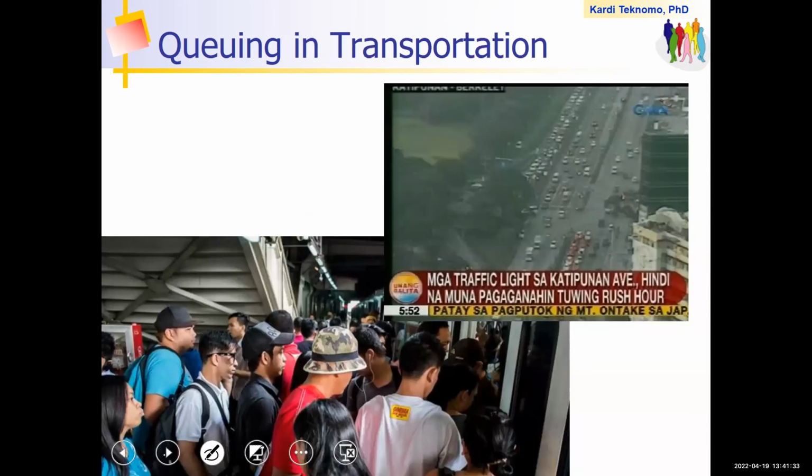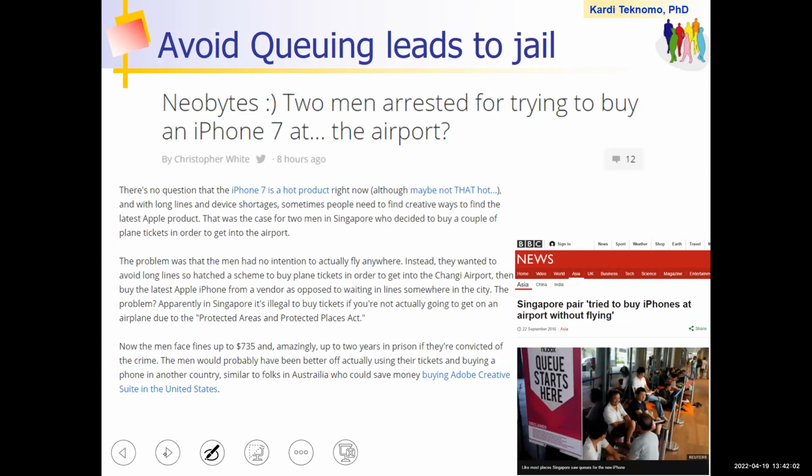And of course, queuing is also in transportation. You see, this is just at the top of the Ateneo campus in front. This congestion here represents queuing. The same thing with people who want to enter the MRT, right? The train is also queuing. And this is the story in Singapore, right?